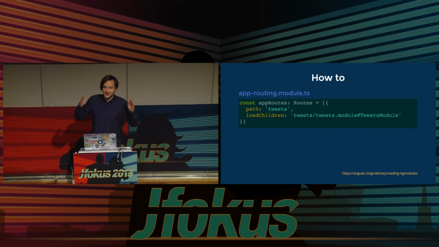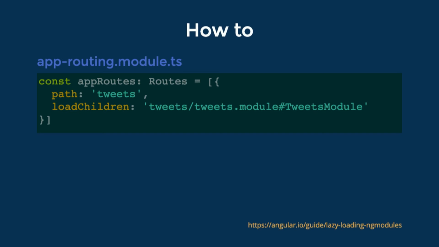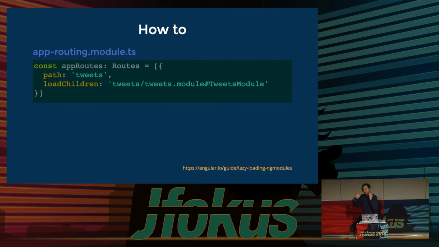It all starts with splitting your application into modules. For many projects, like small projects, it's totally fine to have one main module, one and only module. But if you wish to go for lazy loading, you have to think about this kind of split, because it's based on modules. So you can lazy load only modules.